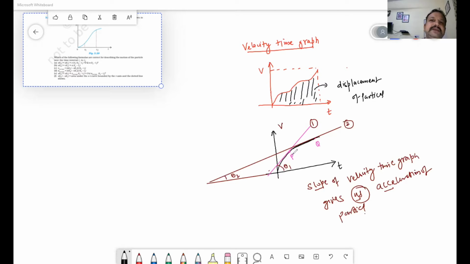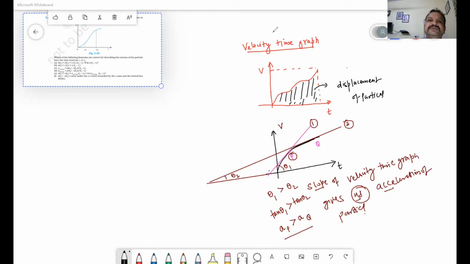Now you can see at point P, the value of theta 1 is greater than theta 2. So we can say tan theta 1 will be greater than tan theta 2. We can say the acceleration at point P of the particle is greater than the acceleration at point Q. So this is the information related to the velocity time graph.